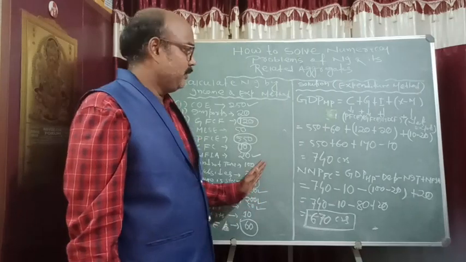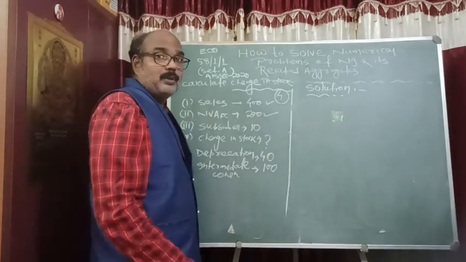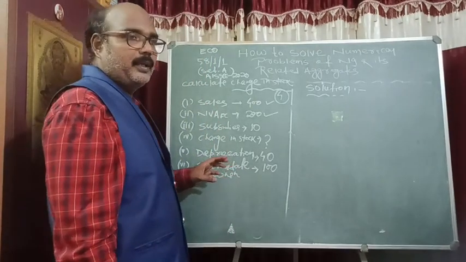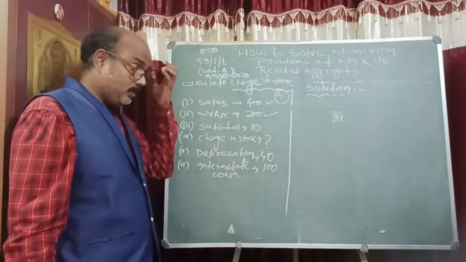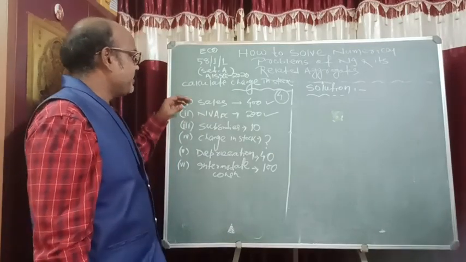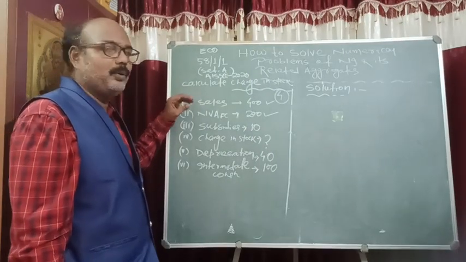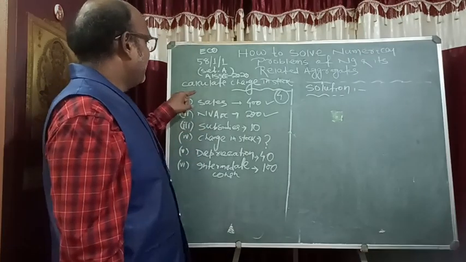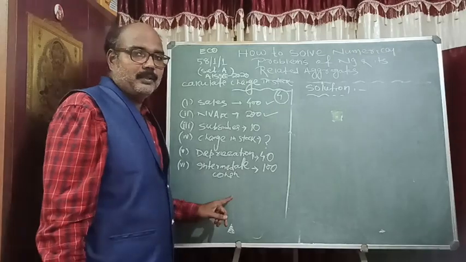Okay? Understood? So now come to another numerical problem. This numerical problem was asked in the CBSE examination 2020 set A. That is, calculate change in stock from the given data.